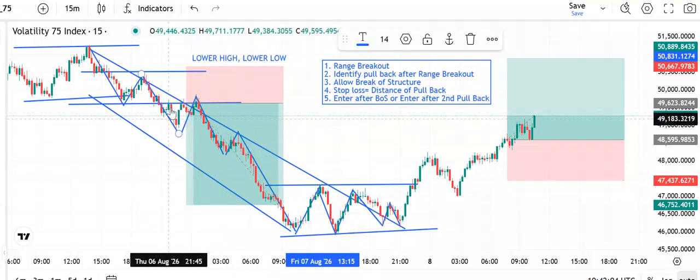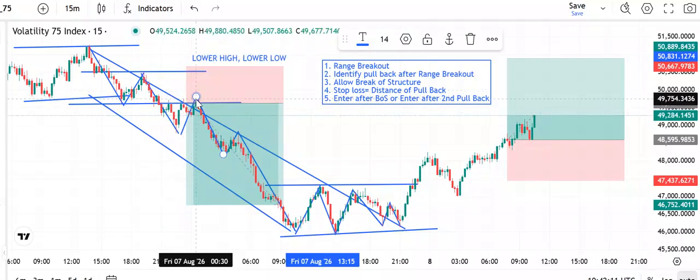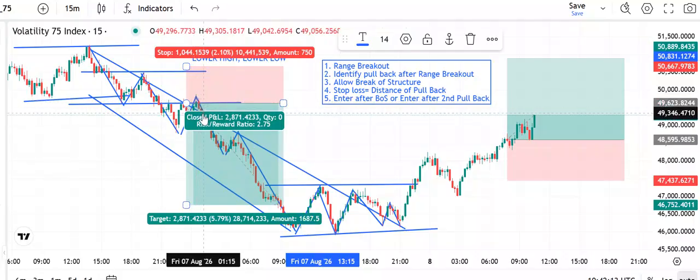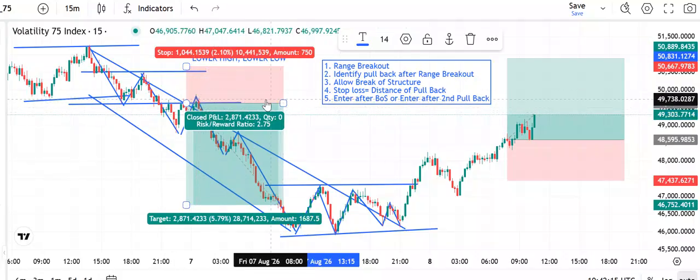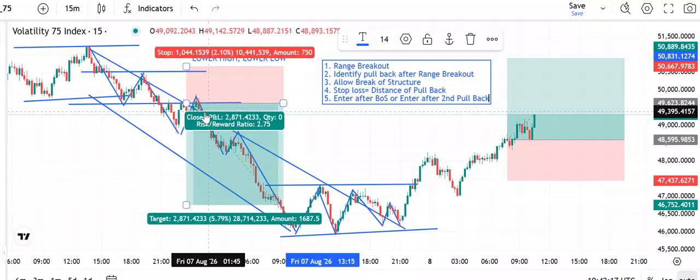So we have a break of structure here. You can enter here, or you can enter after this. There's a second pullback here, and price continues to sell. You can enter after this second pullback.